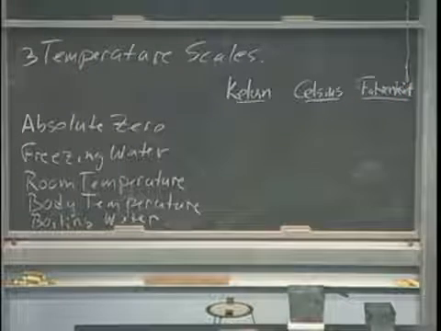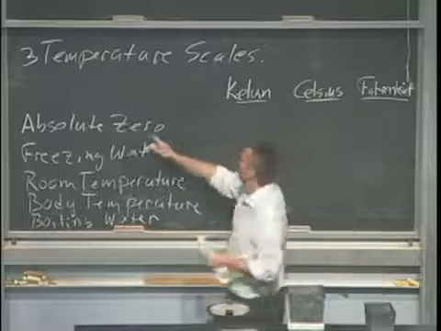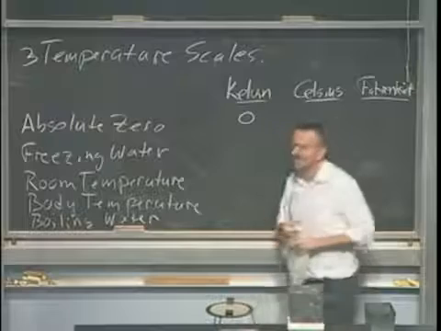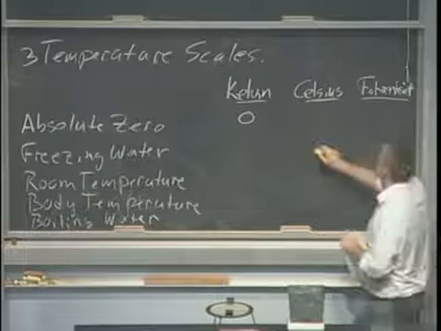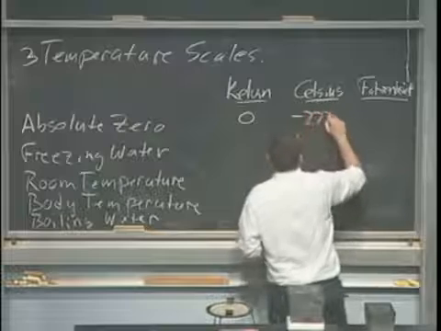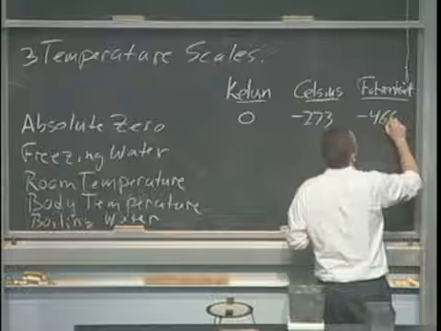Okay, so absolute 0, easiest on the Kelvin scale, it is 0. On the Celsius scale, that is minus 273 degrees. And on the Fahrenheit scale, that's minus 460 degrees.